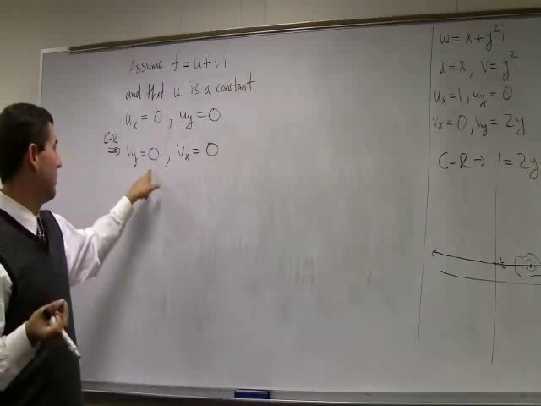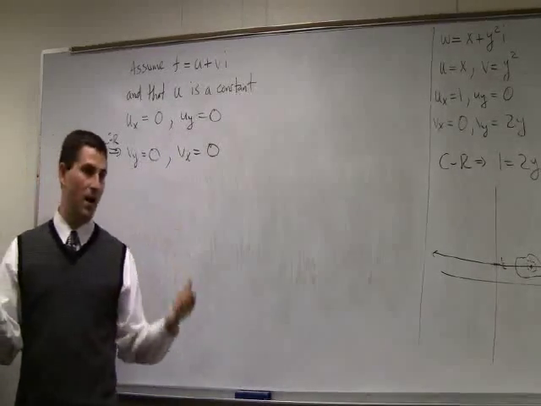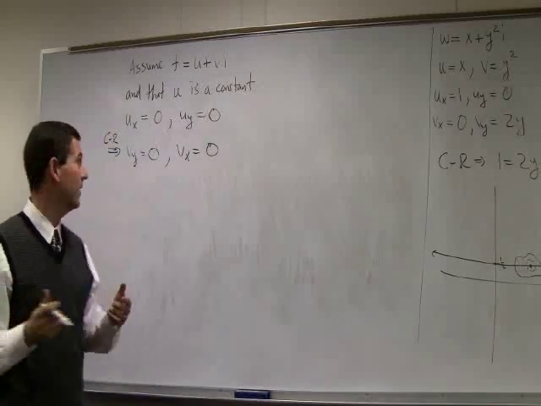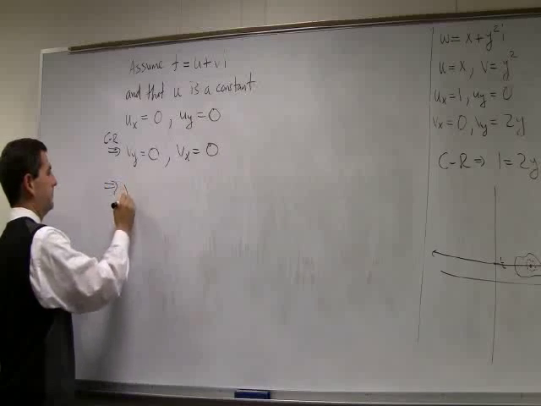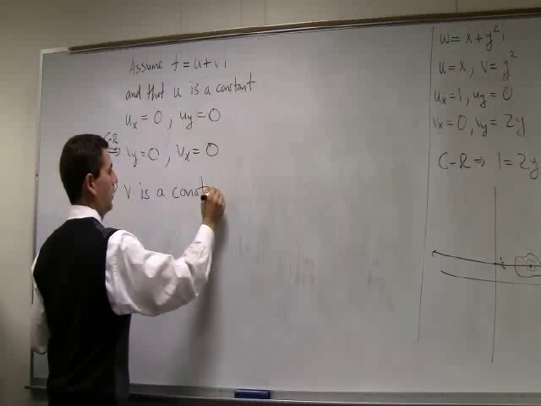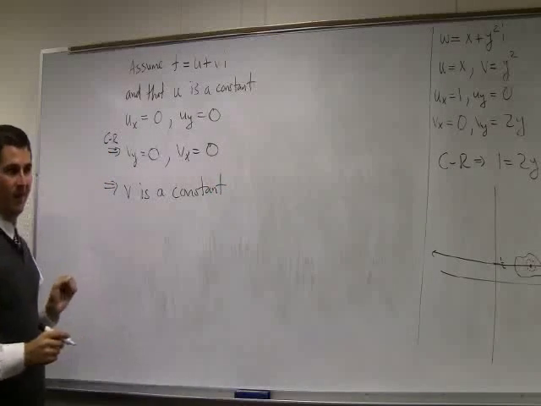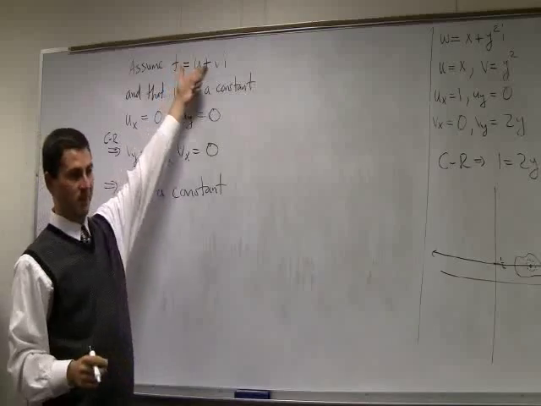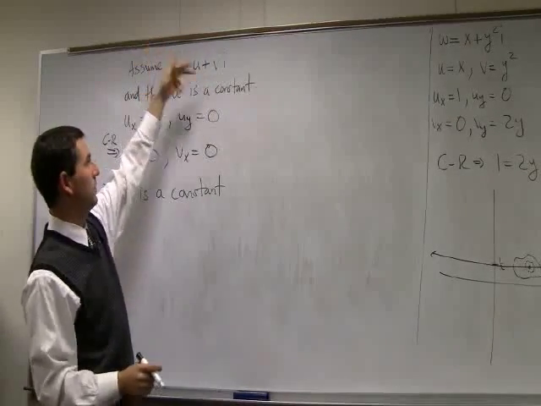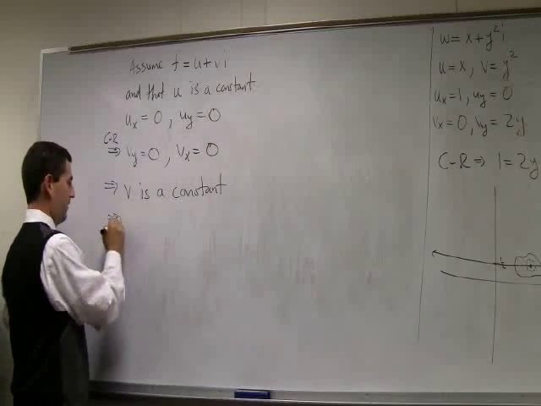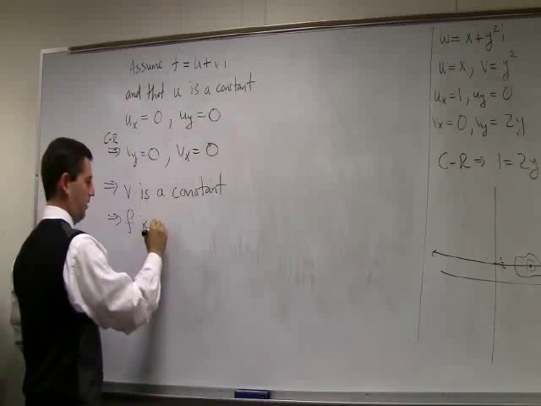So if they're both 0, there can't be any x's, there can't be any y's, and there's no other variables lying around, so the only thing you have left are constants. So this tells you that v is a constant, which means that f itself is a constant now. It just sends, say, u is 2 and v is 6. It sends everything to 2 plus 6i. So f is constant.